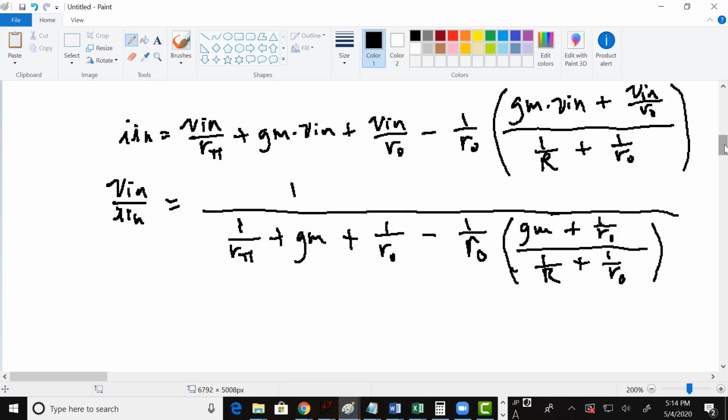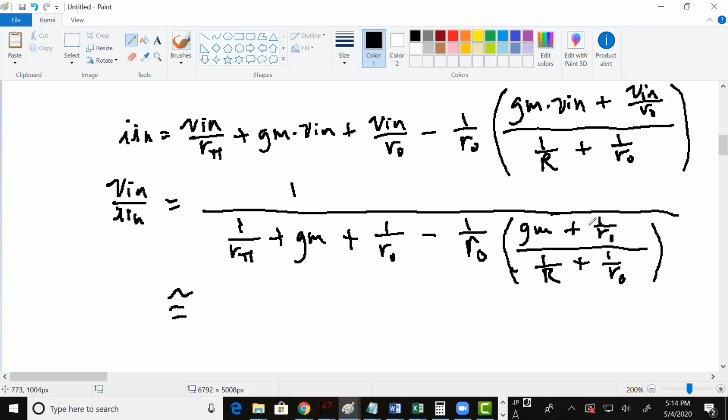Got this RO right here that we can multiply through, and you end up with RO over R plus 1. Let's see, just as an extra step, this is, you know, a spreadsheet.